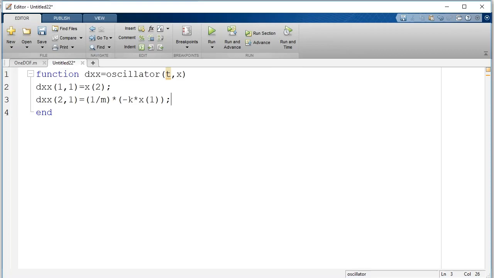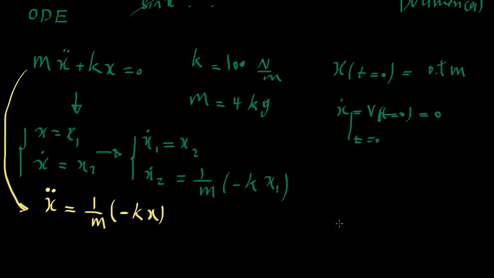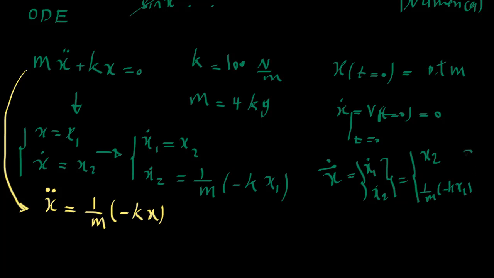When I say a vector, if I go back again here, I can write down these two equations. Let's call this vector x dot, which is going to be x1 dot, x2 dot, and this is going to be x2, 1 over m times minus k x1.